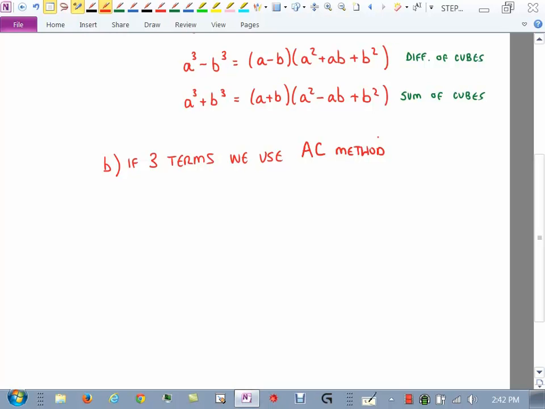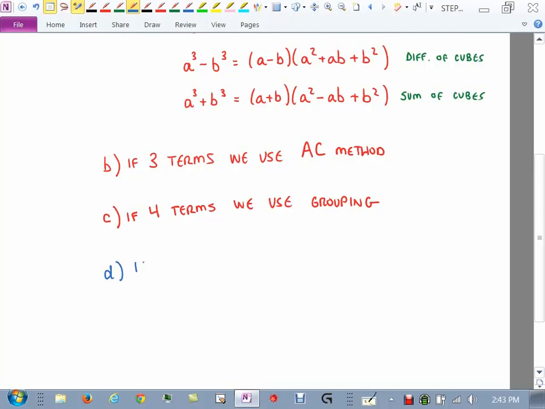We use the AC method to try and factor. And what if it's 4 terms? How do you try to factor something if it has 4 terms? Grouping. We use grouping.